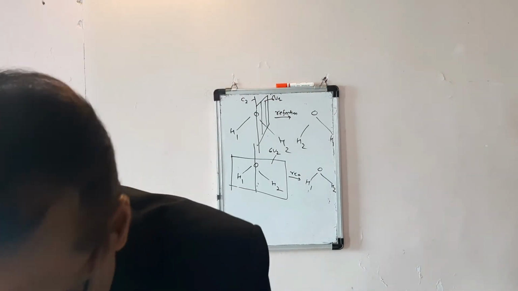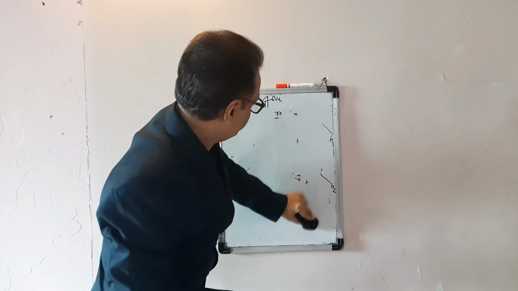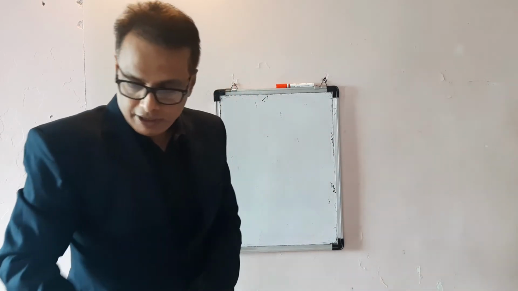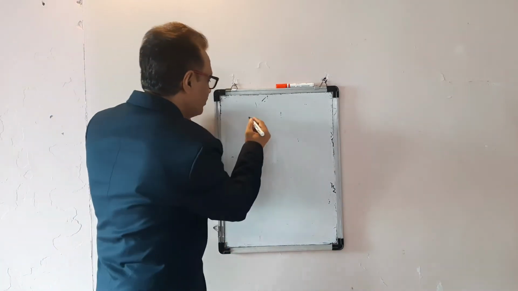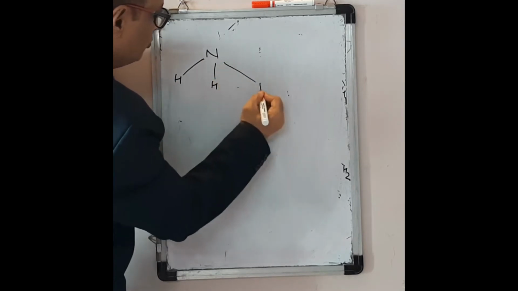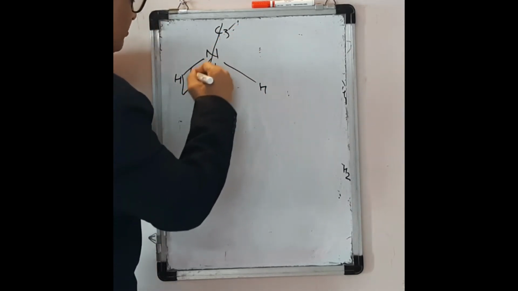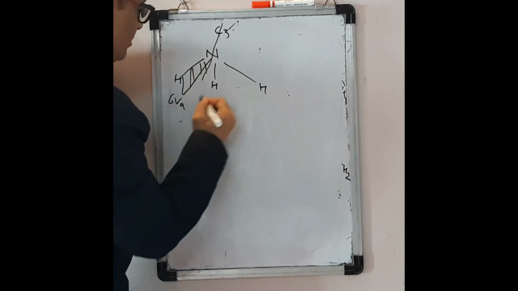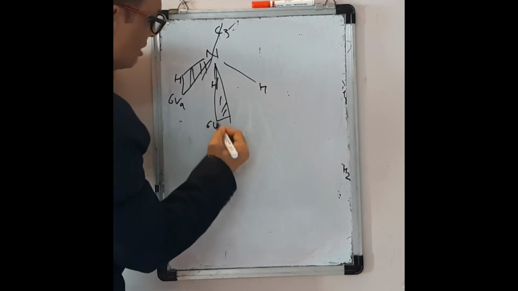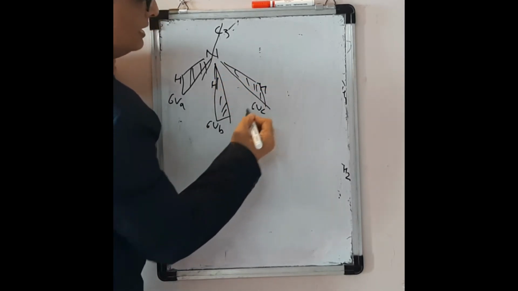Same thing can be explained using this figure. Ammonia has three vertical planes of symmetry, H1, H2 and H3. This is principal axis C3. This is one vertical plane, sigma VA. This is second vertical plane, denoted by sigma VB, and this is third vertical plane which is denoted by sigma VC.